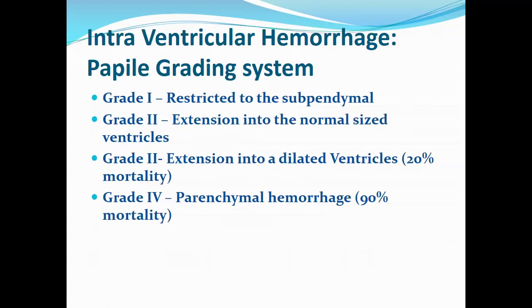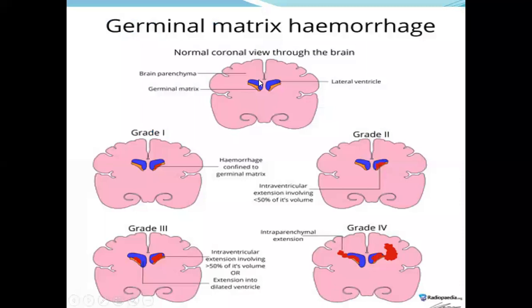The grading system: I don't really like it, but it is widely used. Why? Here is the reason. I'll come back to this slide, but it is explained here. These are the lateral ventricles.